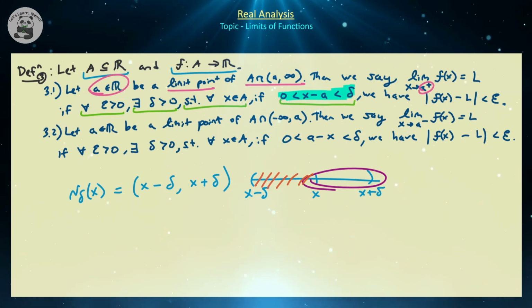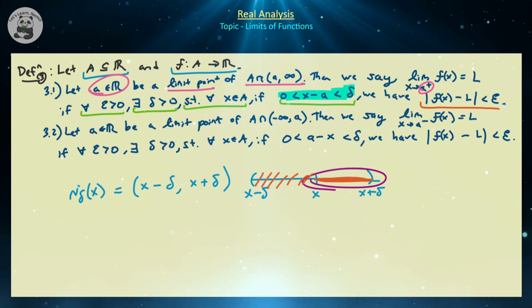Then, if that is true, and for all epsilon we have that property, then the distance between f of x and L is arbitrarily small, right? So as this right-sided distance gets arbitrarily small, as long as the vertical distance between f of x and L gets arbitrarily small too, then we say that f of x converges to L, or equivalently we say that the limit as x approaches a from the right of f of x is equal to L.